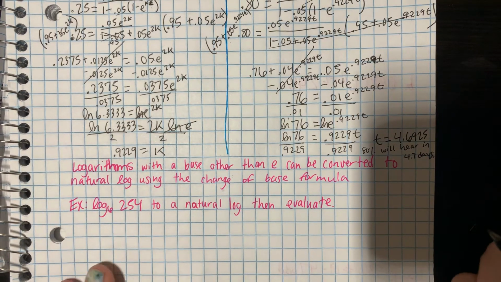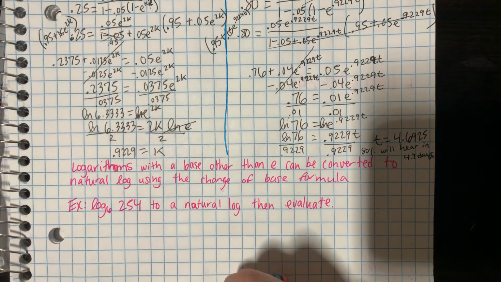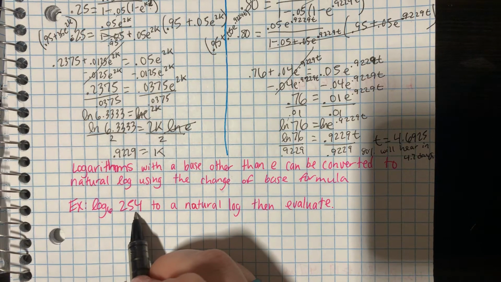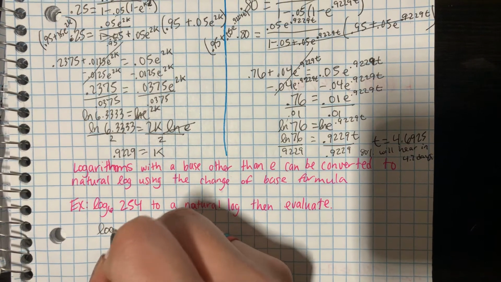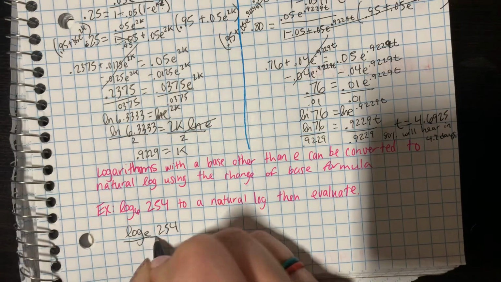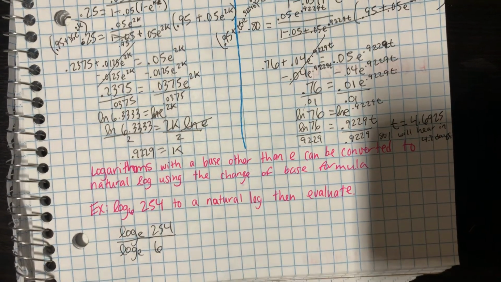So if we have this, our change of base formula would be the log of this divided by the log of this. So we're going to do log base e of 254 divided by log base e of 6.